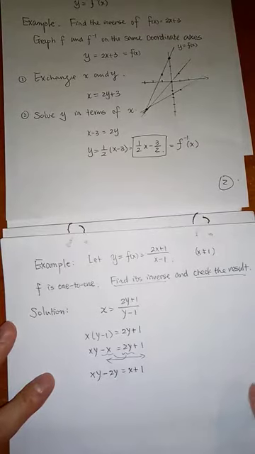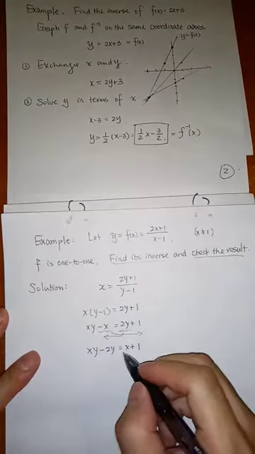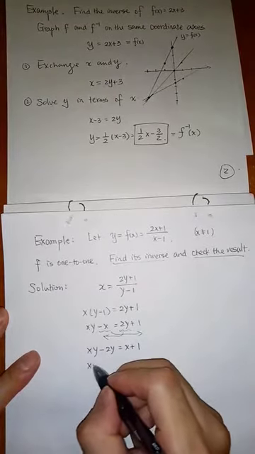The right hand side, all the terms do not contain y. So you factor out y. And you divide this equation by the coefficient of y. And then this is f inverse of x.